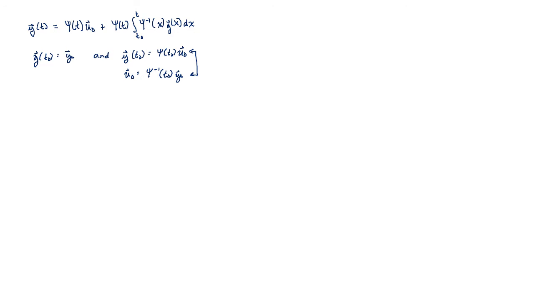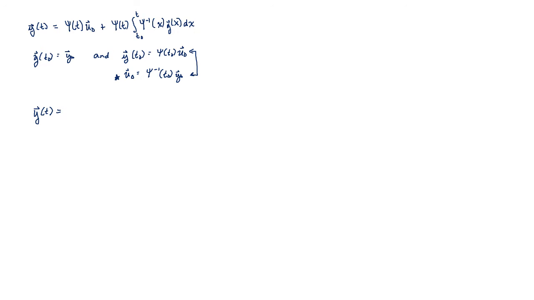So if we take a look at our formula, we can make some replacements in that formula to get a cleaned up version. So we've got y of t is equal to, now normally I don't know what u naught is, so that's where I'm going to use this little fact that u naught is psi inverse evaluated at t naught times y naught, because I'm going to know what t naught and y naught look like. Those will be given initial conditions.